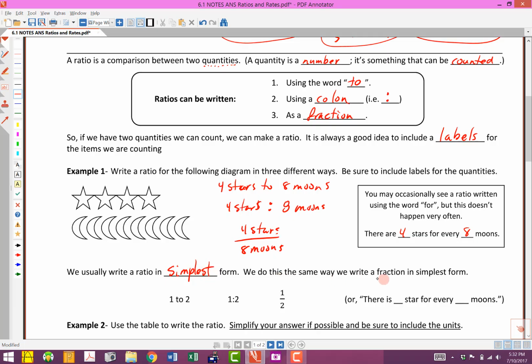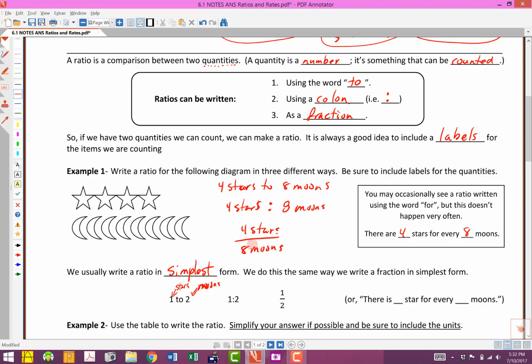We do this the same way we would if we were writing a fraction in simplest form. So 1 to 2, or 1 colon 2, or 1 over 2 would be a representative for each one of these. These would represent stars, and these would represent moons.